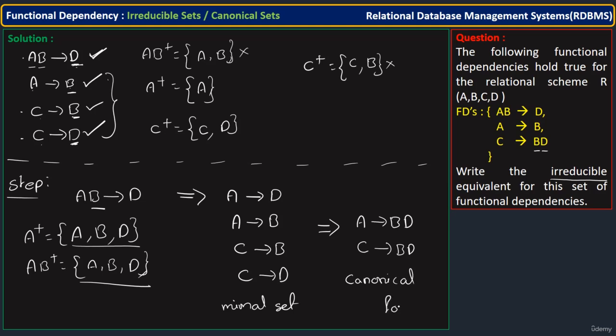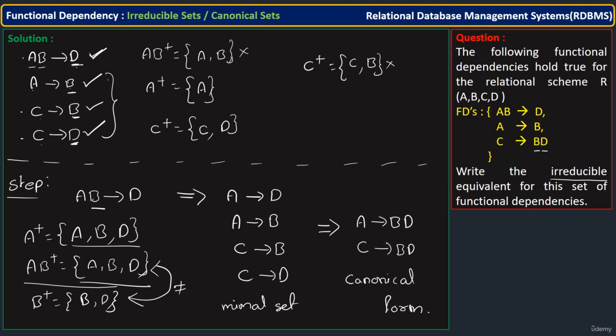If you observe, this is the main thing. Without having one attribute, if you are able to generate the same, that means you can check all possible subsets. You can find it this way also. Find the B closure. That means A is not there. When A is not there, the B closure is B and D, and you are unable to generate anything else. But are both the same?